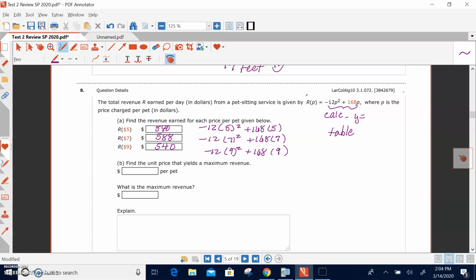Okay, so now the question is, find the price that yields a maximum revenue. To find the unit price that yields a maximum revenue and to find the maximum revenue, we need to find the vertex of this quadratic.